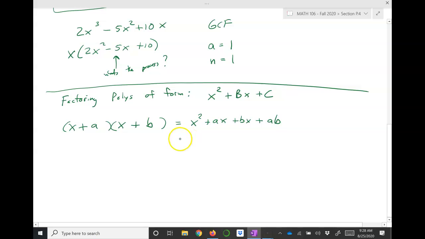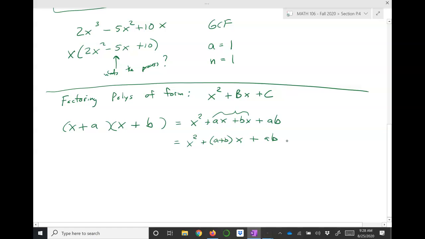And I could do one more thing here. See these two terms, the ax and the bx? Can I factor out an x there? Yeah, right? So I could do something like x squared plus, and I'll put that factored term first, a plus b times x, plus a times b.